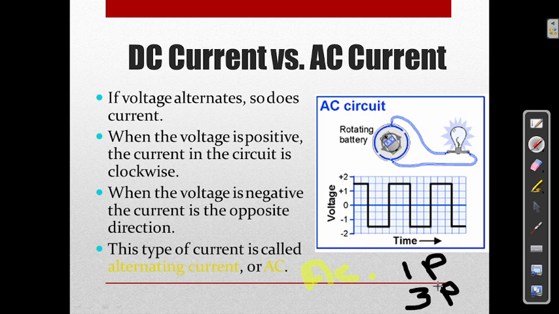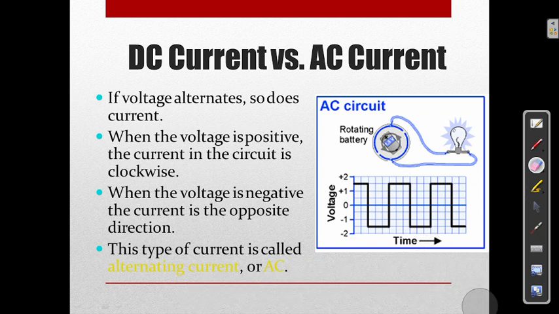Single phase is what we use in the home, which is 230 volts. Three phase is used in industry, which is RYB. RYB means red, yellow, blue. These wires come in the three phase lines.